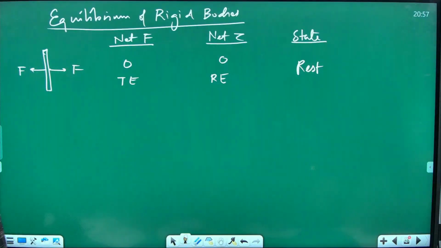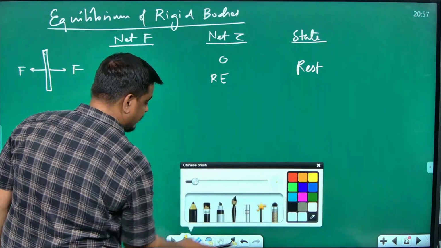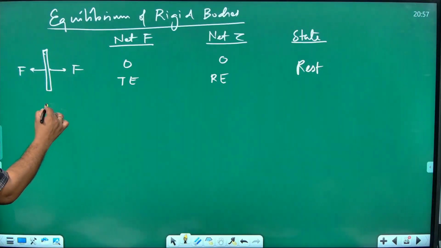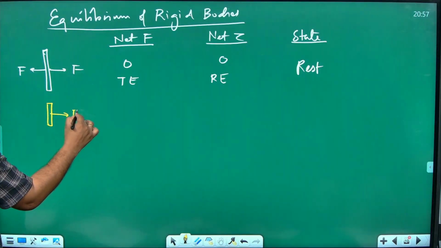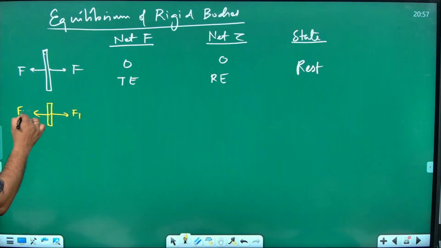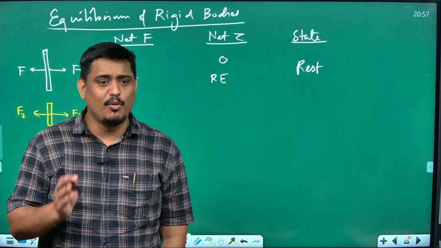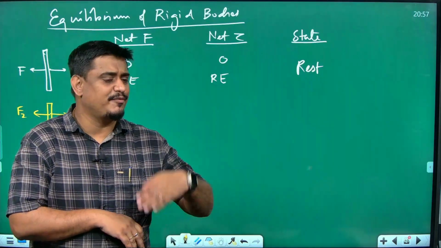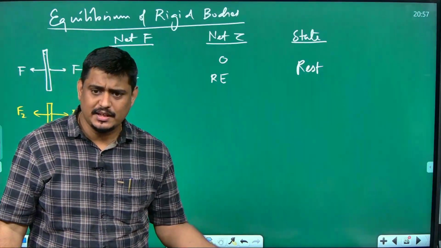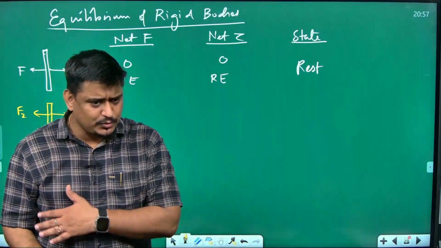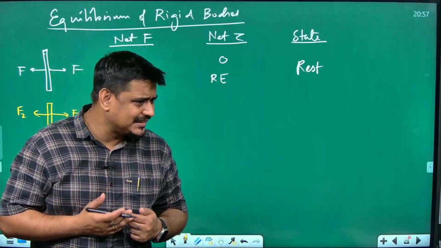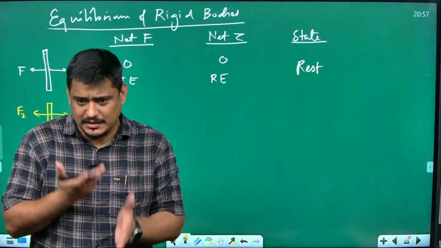Same object, if acted upon by a pair of forces which are unequal, now what will happen? Rotate. Very good. It will move towards higher force side. If F1 is more than F2, it will go towards F1. If F2 is more than F1, it will go towards F2. Will the body rotate? I don't think. There is no perpendicular distance here.